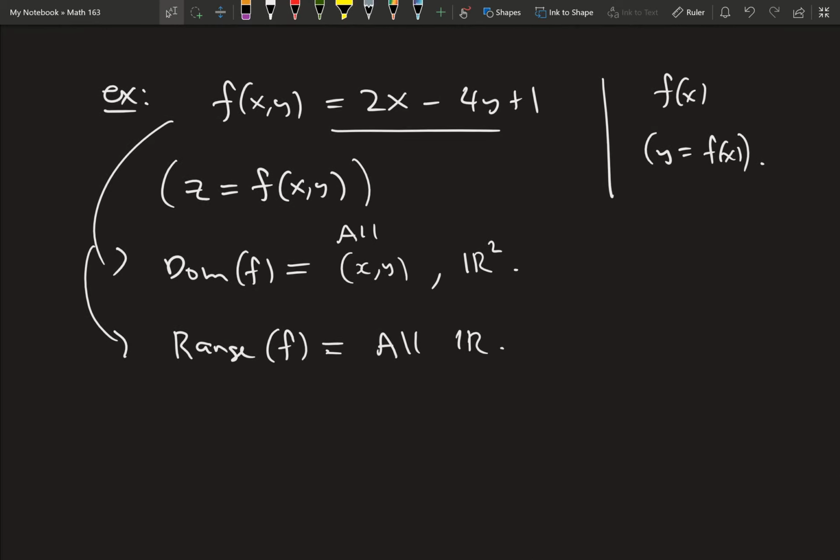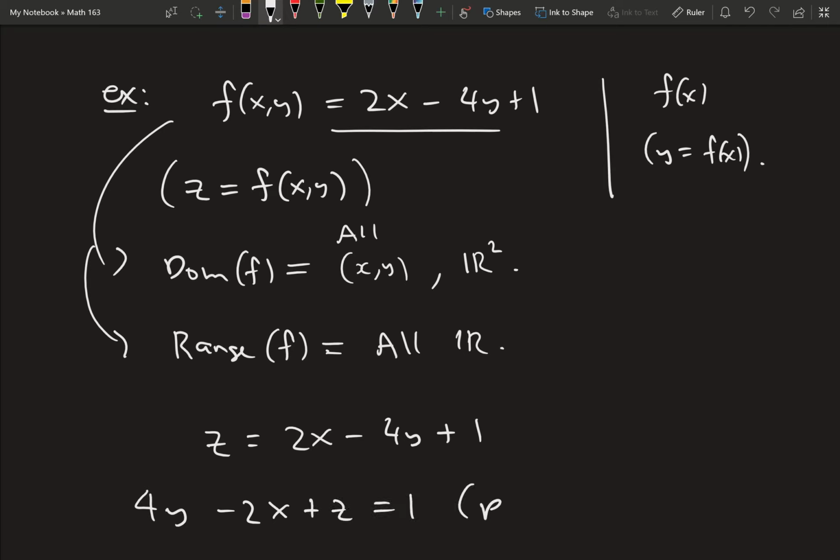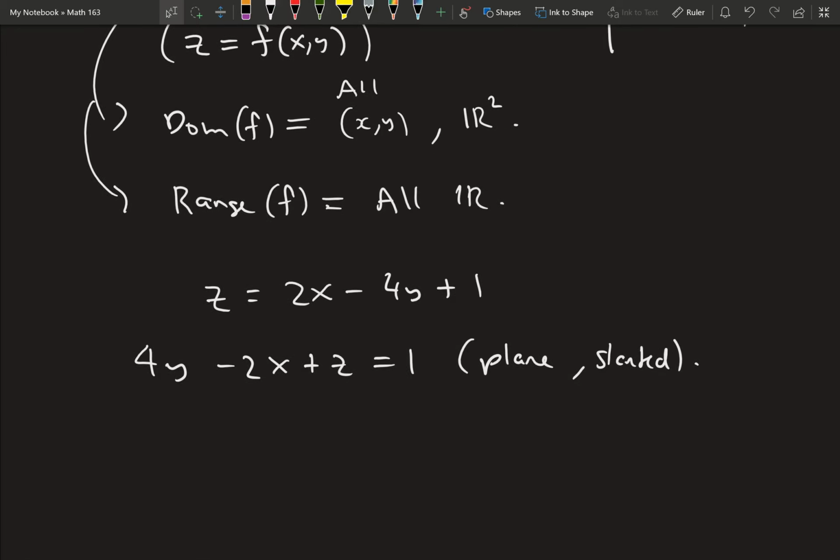Okay, and this will be true because, well, what is this function actually? This is z equal to 2x minus 4y plus 1, or 4y minus 2x plus z is equal to 1. This is a plane, and it's slanted. It's not a vertical plane. It's not a horizontal plane, because the normal vector here is 4, negative 2, 1.